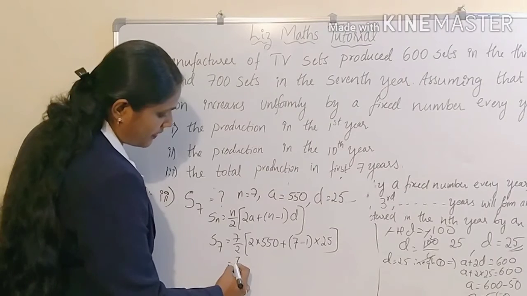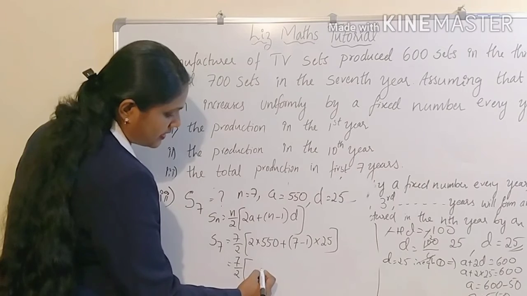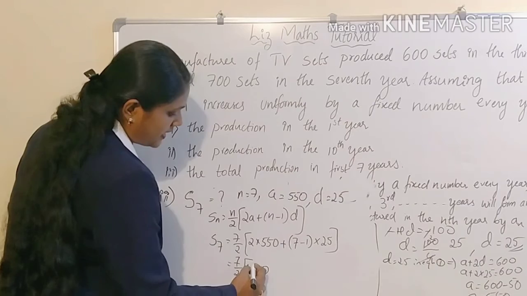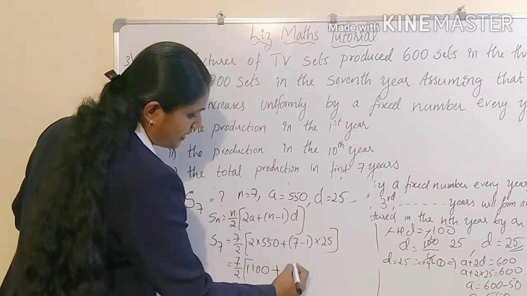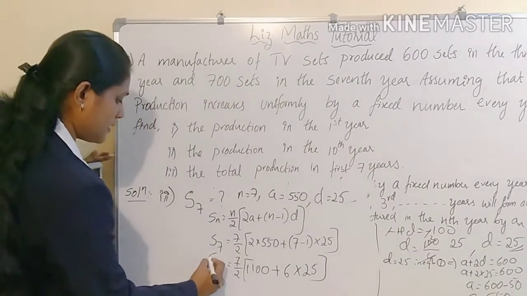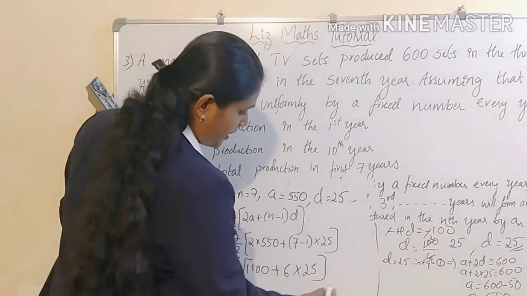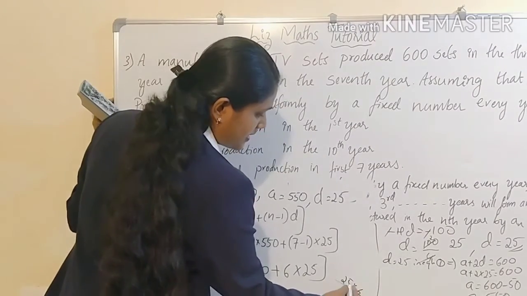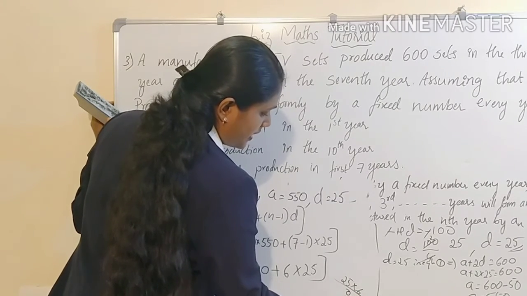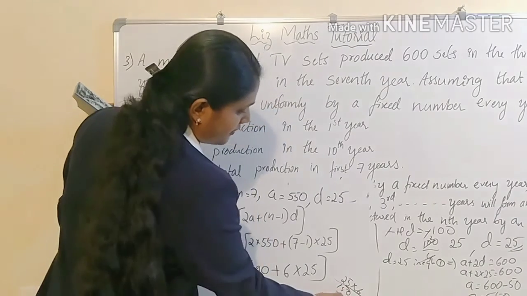Now here 7 by 2 into 2 5s are 10, 2 0s are 0, 1 in your hand, 11, you will get 1100, plus 7 minus 1, that is 6, into 25. Now simplify this. 25 6s are 150 here.